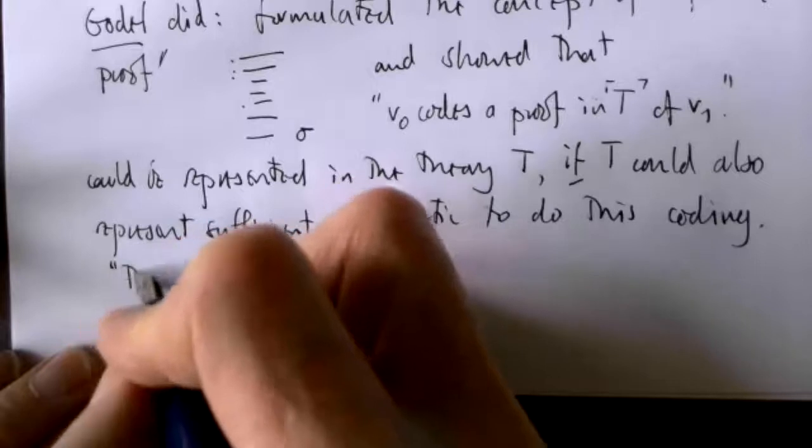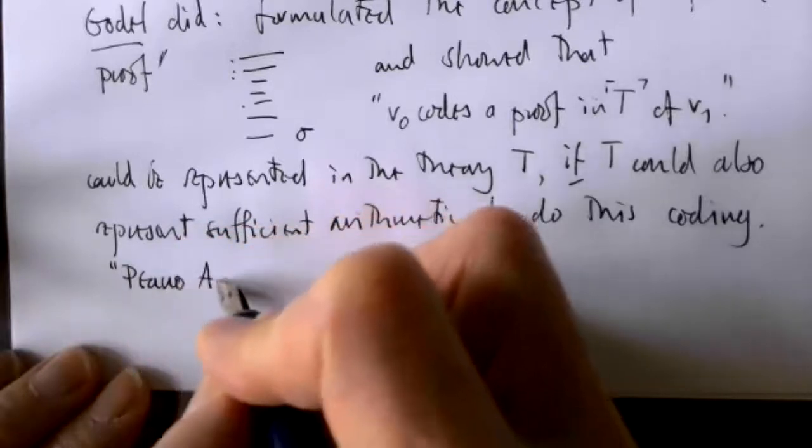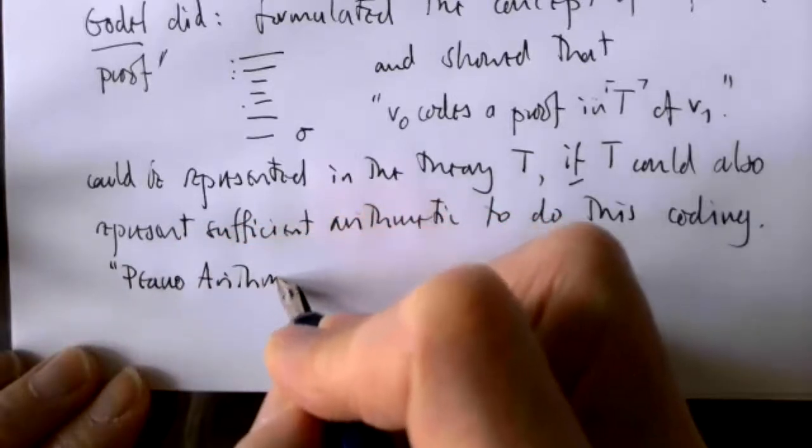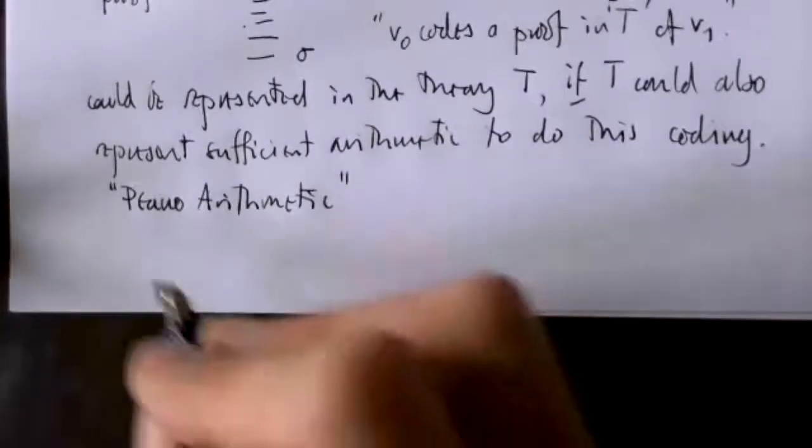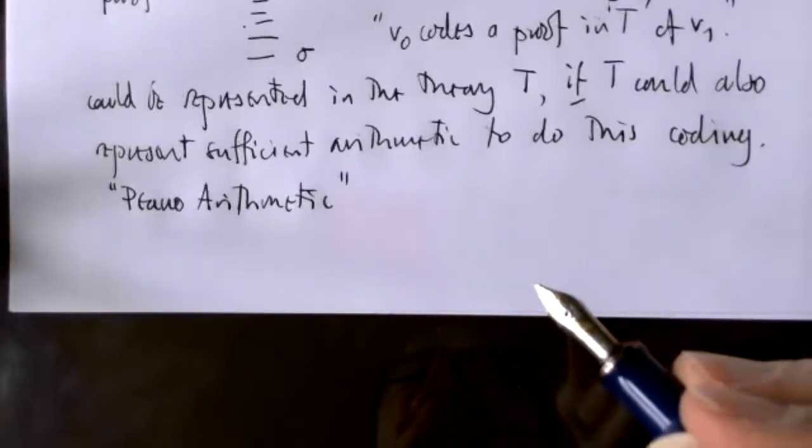So Peano arithmetic is, again, one of those things in mathematics that is a misnomer. It wasn't due to Peano at all, it was due to Dedekind.